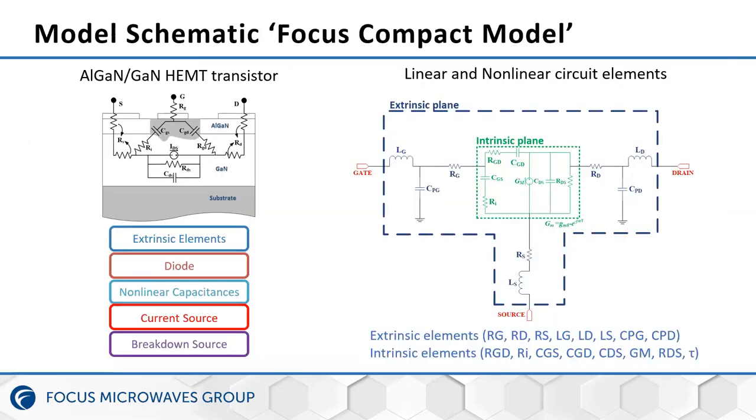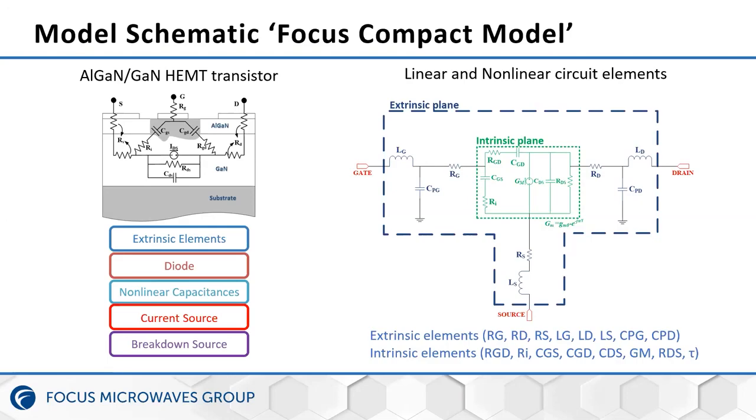Now, another important application of pulsed IV measurements is compact modeling. So here, this figure represents the classical small signal HEMT model. We can see it is mainly composed of a voltage controlled current source and some passive linear components.